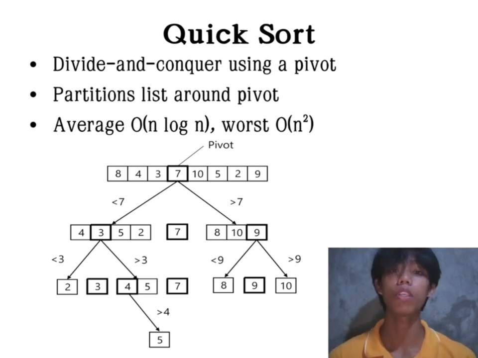Numbers smaller than the pivot go to the left, and the numbers larger go to the right. We repeat the same process on each side. Choose a pivot, partition, and sort until each piece contains just one number. And with that, all the pieces join together to form the sorted list.